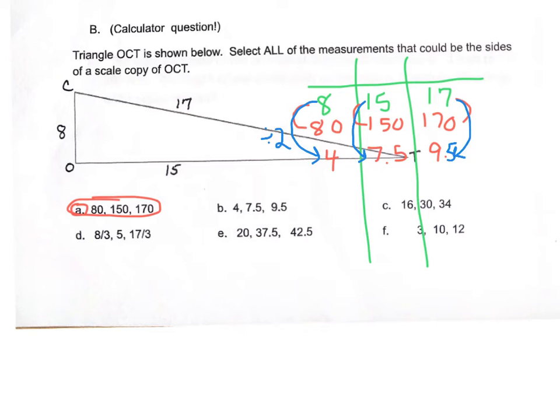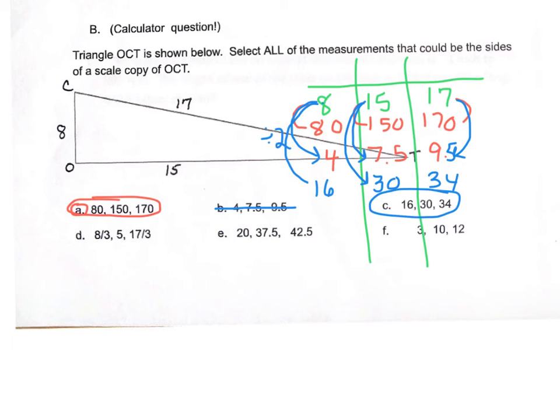Well, 15 divided by 2 is 7.5, but 17 divided by 2 is not 9.5. It's actually 8.5, so B would not be an option. How about 16, 30, 34? Now, to go from 8 to 16, I'm multiplying by 2. From 15 to 30, I'm also multiplying by 2. And from 17 to 34, I'm also multiplying by 2. So C, in all of those cases, the sides have scaled up.